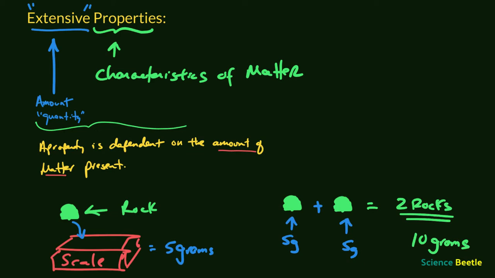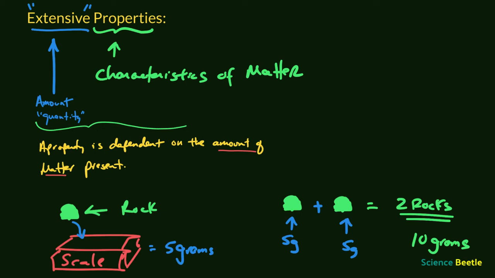Naturally, if you increase the amount of matter, assuming they're the same sizes, the mass is going to increase by the number of matter that I have present, so the quantity changes. In this case, the quantity doubled. You have 2 rocks present instead of just the one. Therefore, the mass is going to increase. Assuming the matter is the same, the mass doubles for that sample.